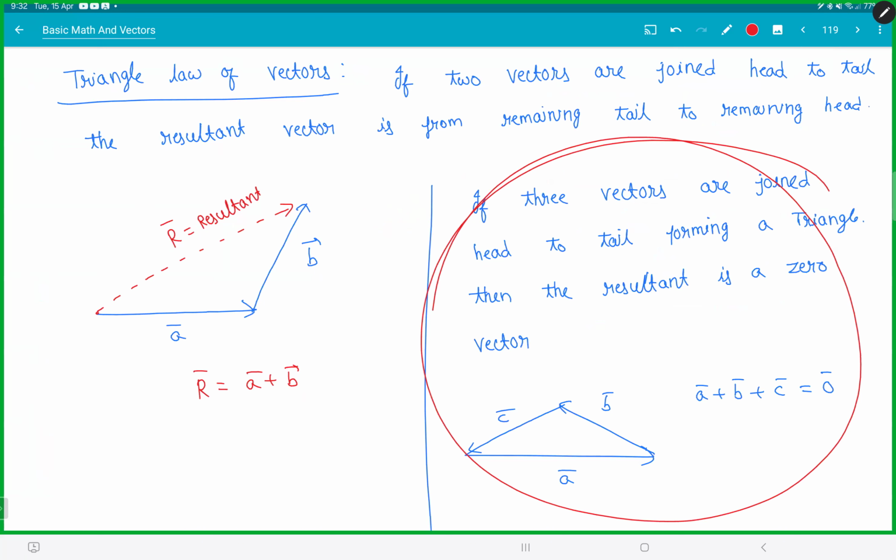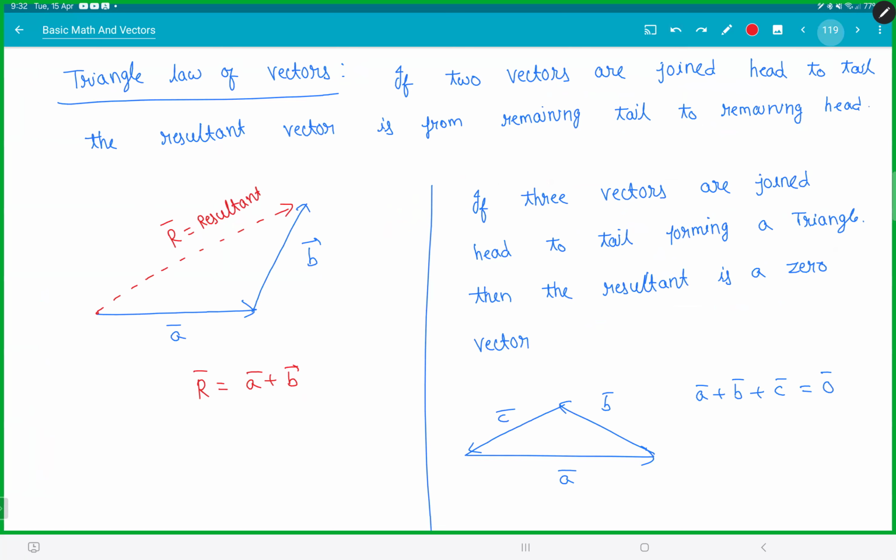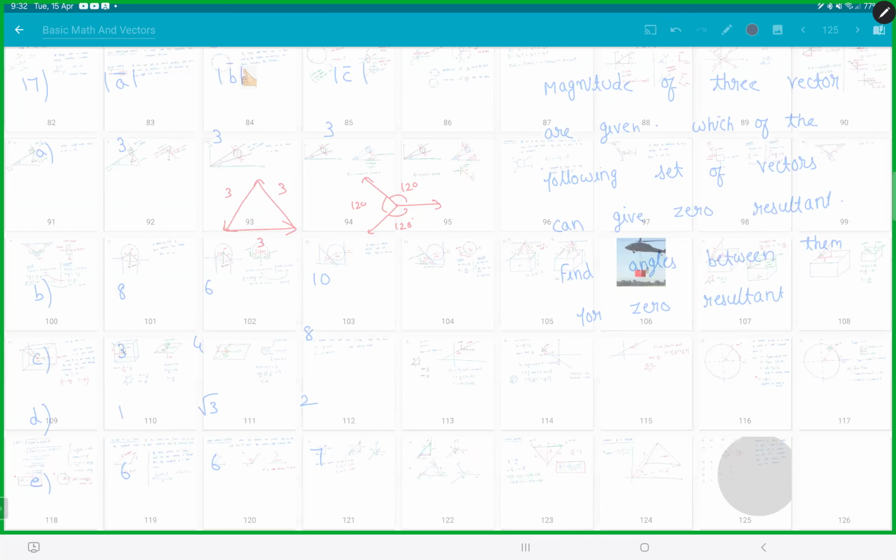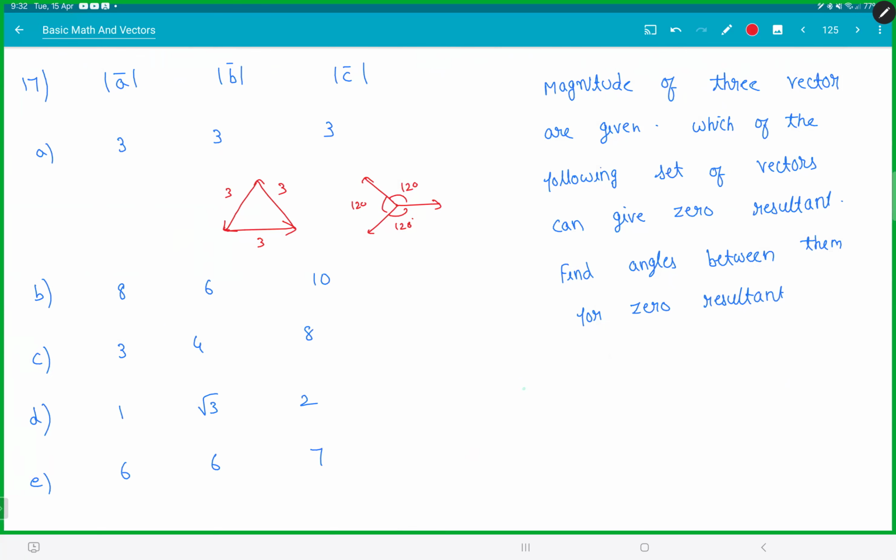And what is the property of a triangle? Sum of 2 sides must be greater than the third side. So that is what you need to check. You need not check each and everything.